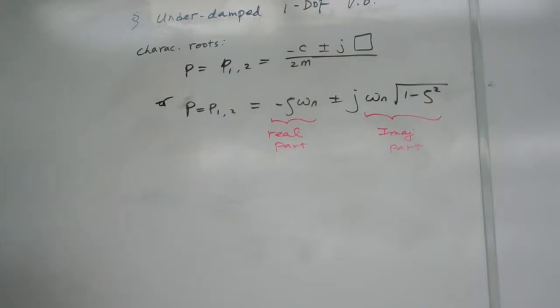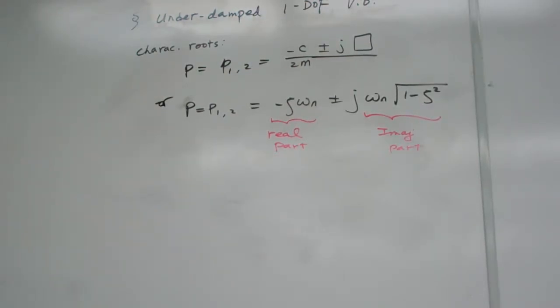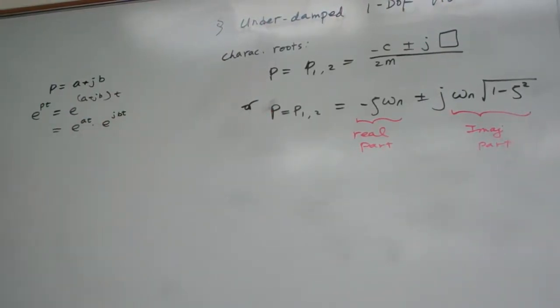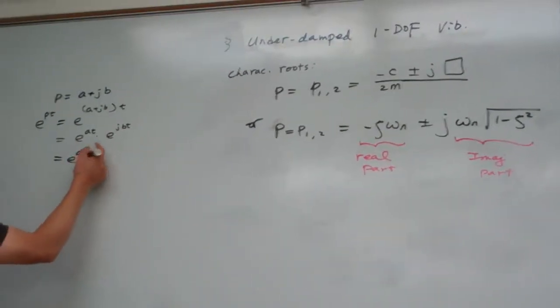To make things easier, here we review. Say we have a characteristic root a plus jb. If we want to express this term, we put e to the (a plus jb)t. Here we distribute: e to the at multiplied with e to the jbt.